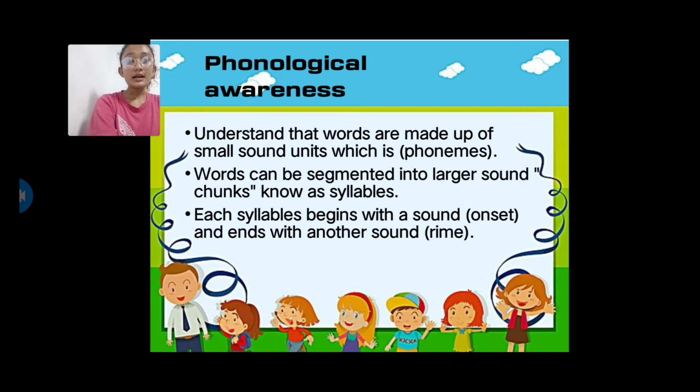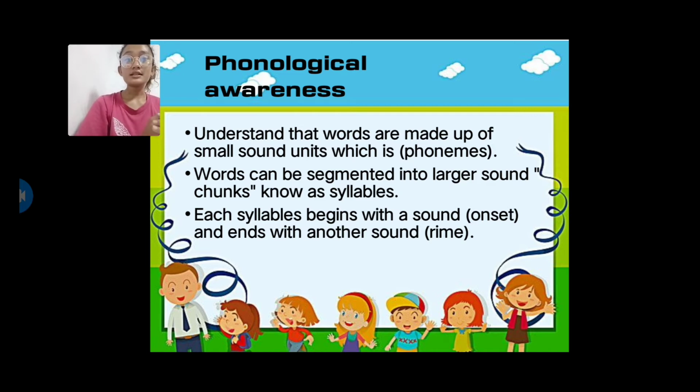So phonological awareness is an umbrella term which includes working with words, syllables, phonemes, and rhyme. Phonemes are the understanding that words are made up of small sound units. A word can be segmented into larger sound chunks known as syllables.